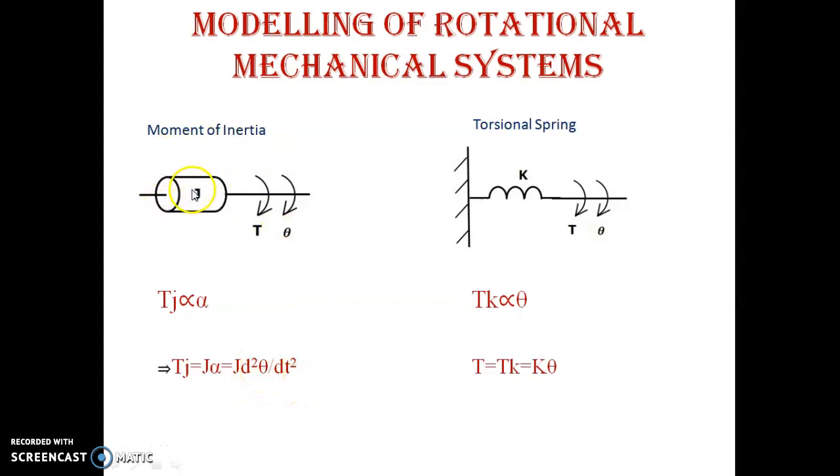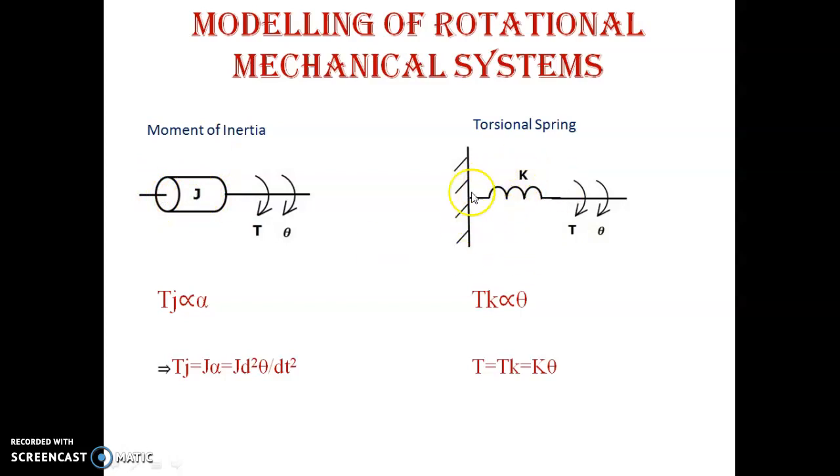So for inertia or mass, when you write the equation in terms of torque, whenever inertia is there we have double differentiation, so T is equal to J d square theta divided by dt square. Okay. Similarly, this is for mass or inertia.